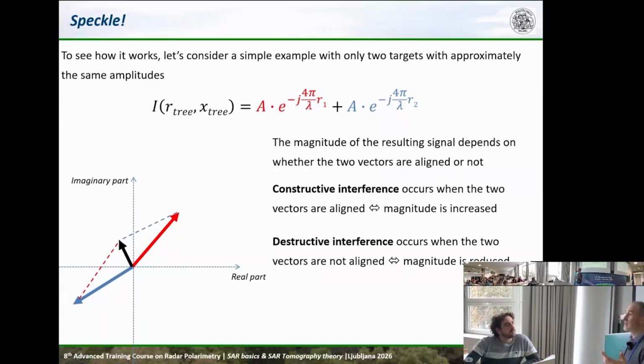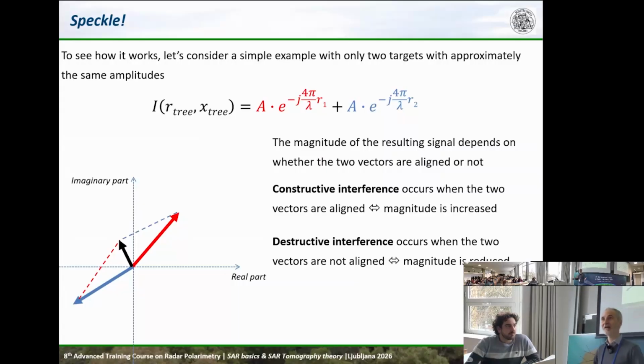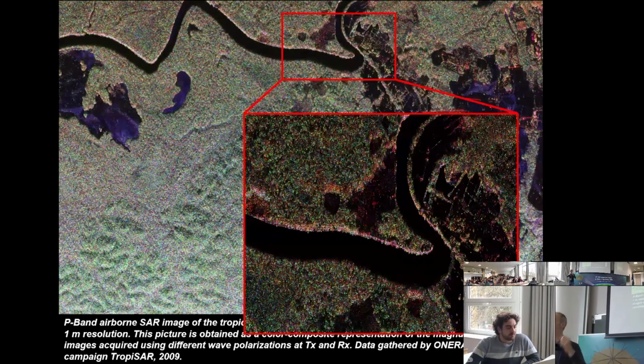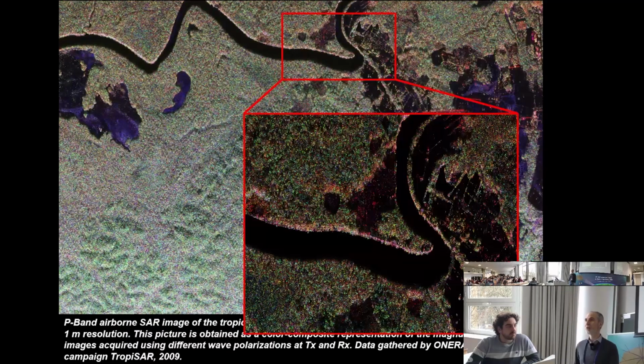Of course, within a forest, we have all kinds of situations. So we have all shades of green, if you like, and this is what creates this salt and pepper-like image. This phenomenon is called speckle.